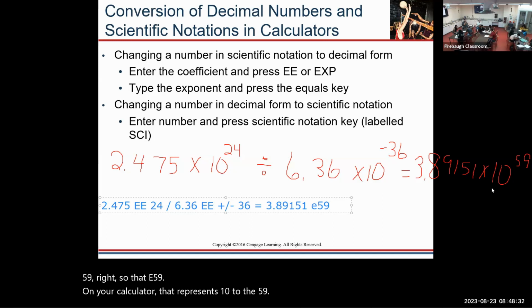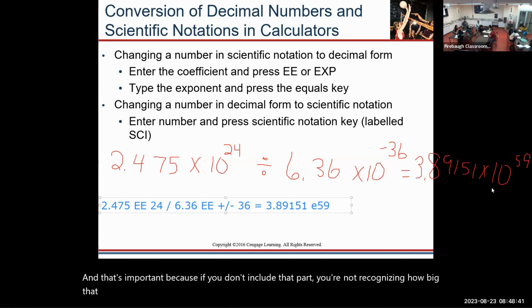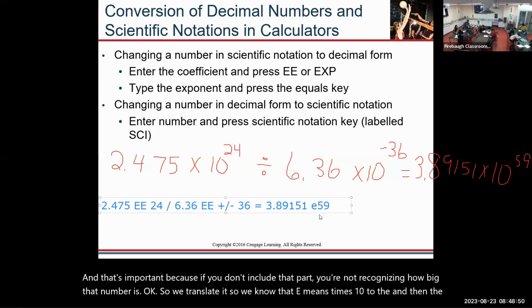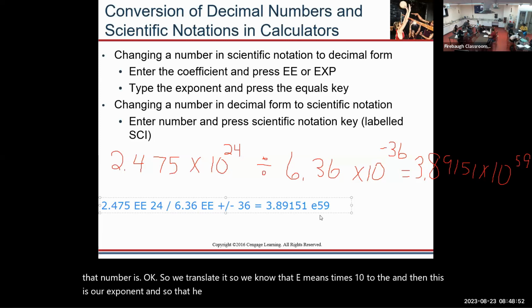You get it? That's important because if you don't include that part, you're not recognizing how big that number is. So we translate it so we know that E means times 10 to the, and then this is our exponent. So that E represents exponent.